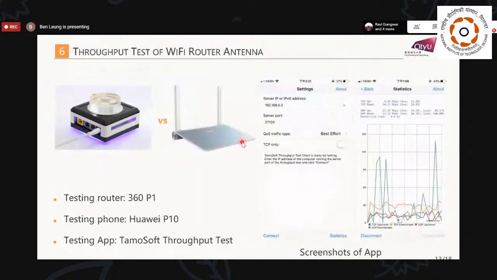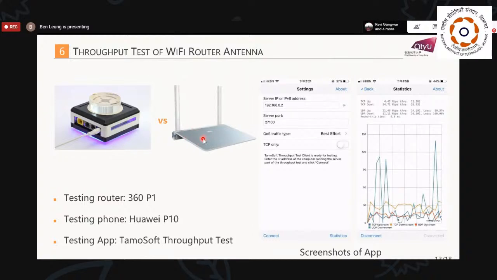Okay, in our comparison with a commercial product, we choose this 360 P1 router, which was bought from the commercial market. Okay, we use its PCB.